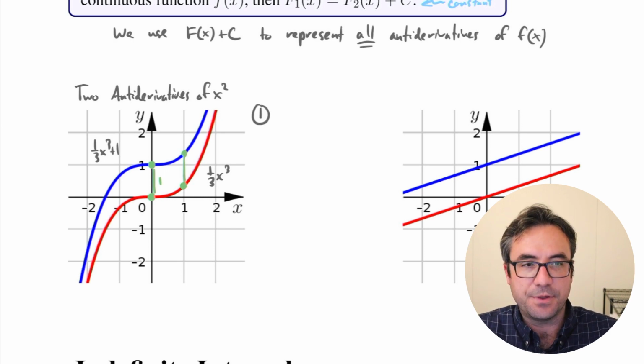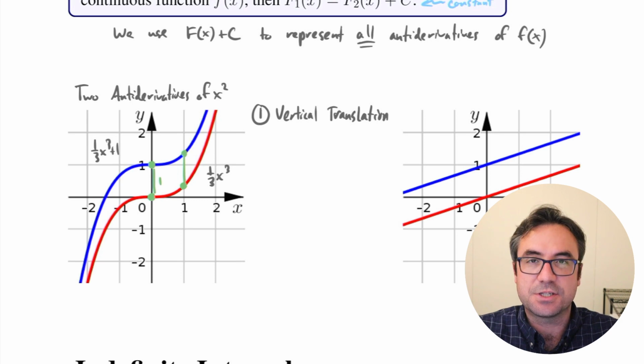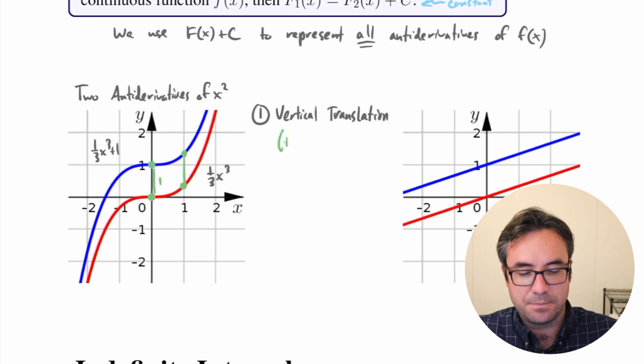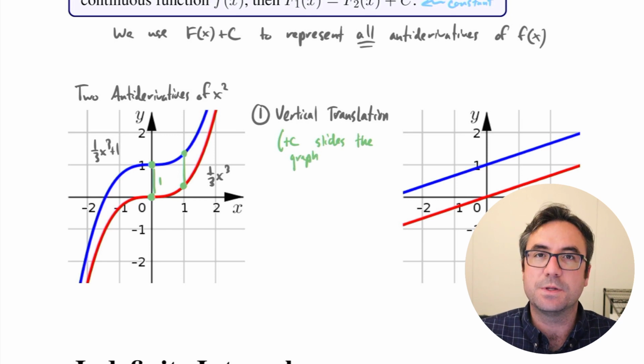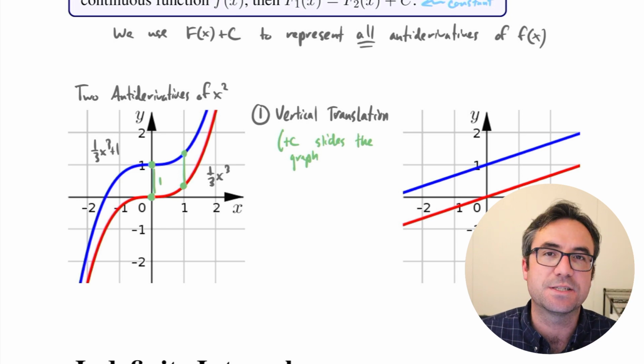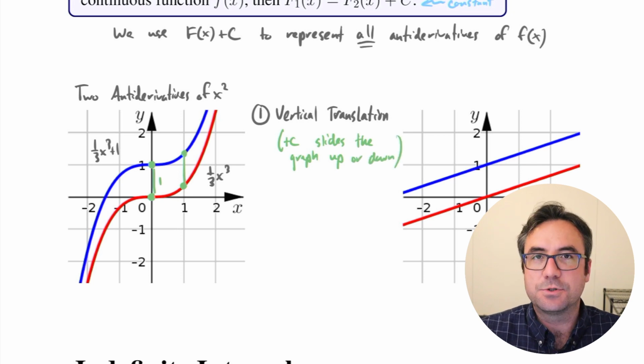So comparing these two things, they're really vertical translations. That's all that constant c does, it just slides the graph up or down. The variable part is what's really interesting, and then that plus c just moves things up or down.